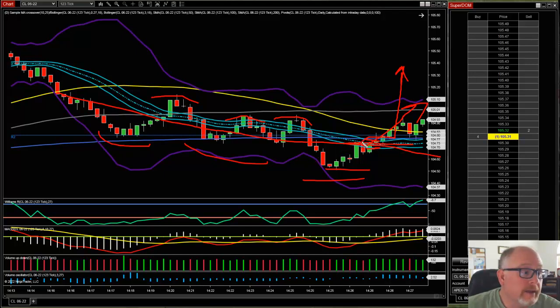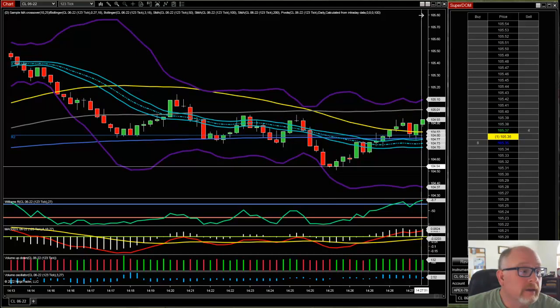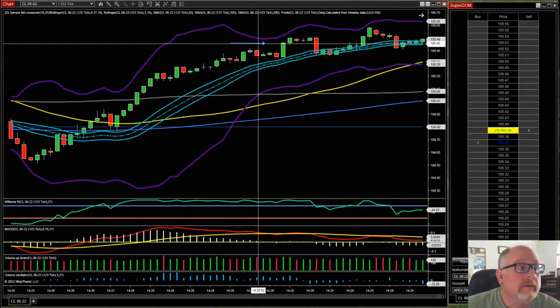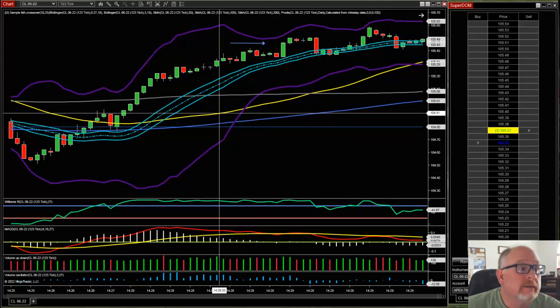Right there would have been a great opportunity, above that thrust bar. So say 104.77 roughly, and then closing out right in here, 105.46 and anything you had left.